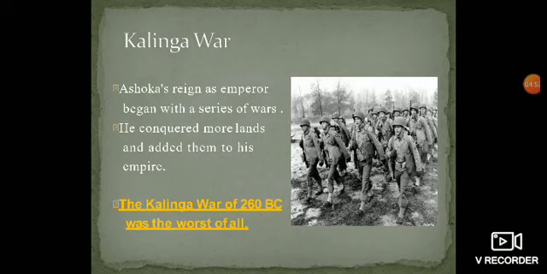What does that mean? Ashoka never valued people's lives. He wanted to acquire many kingdoms and become a superpower king. It didn't last for much time until the cruel Kalinga War happened. Kalinga War happened in the year 260 BC. It was the worst war of all time.